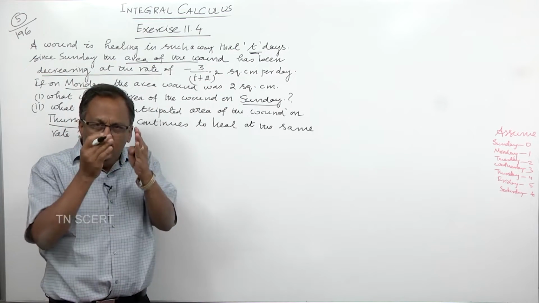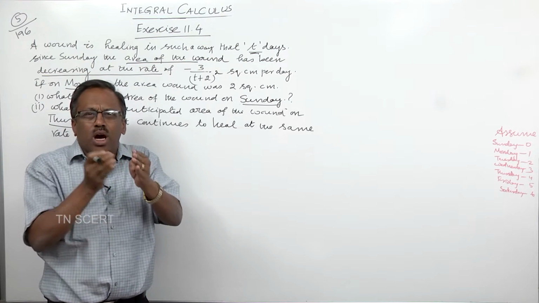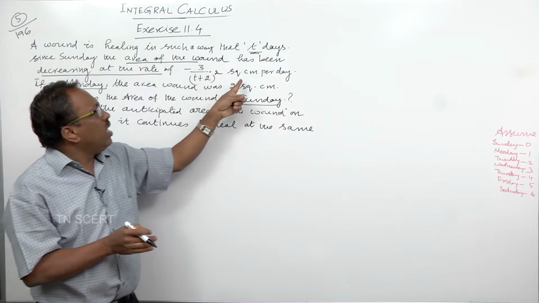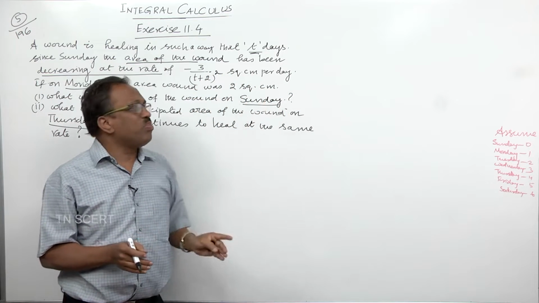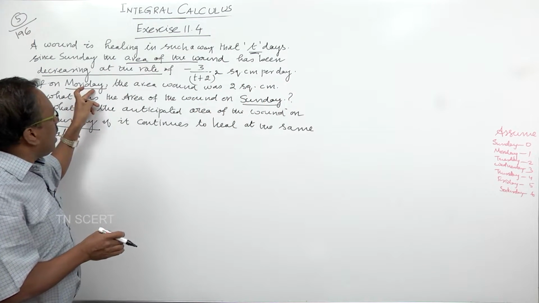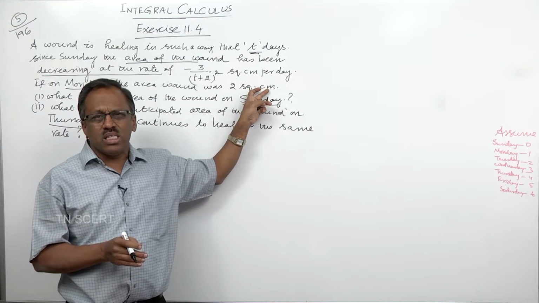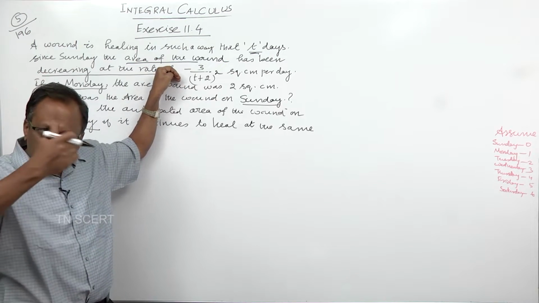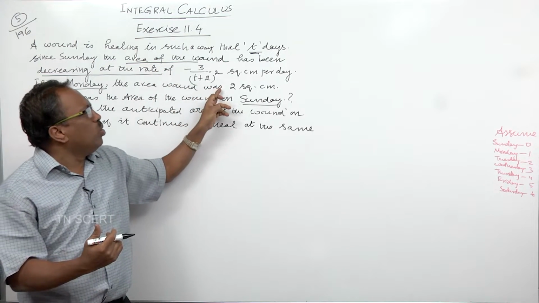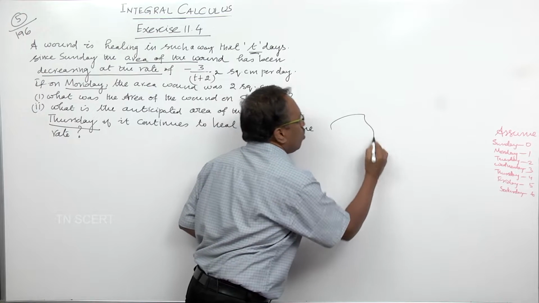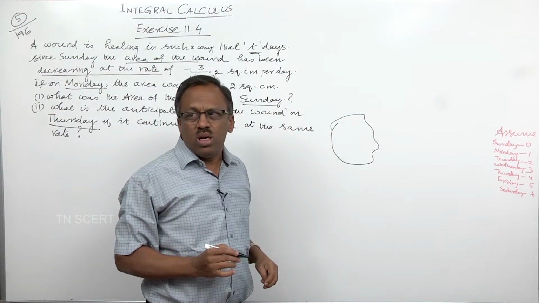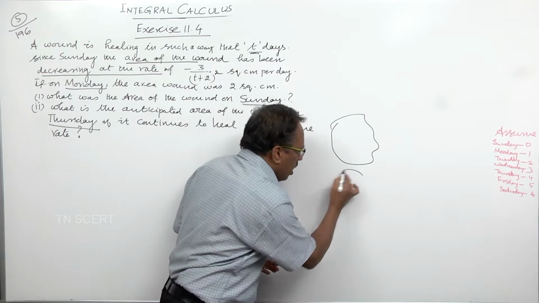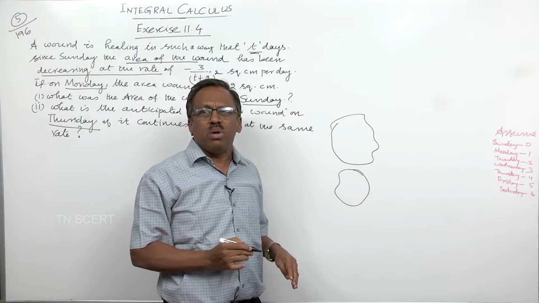They are calculating from Sunday onwards, in square centimeters per day. Suppose on Sunday the wound was of some area, and on the next day, Monday, the wound is 2 square centimeters.